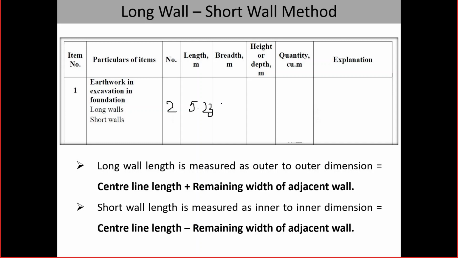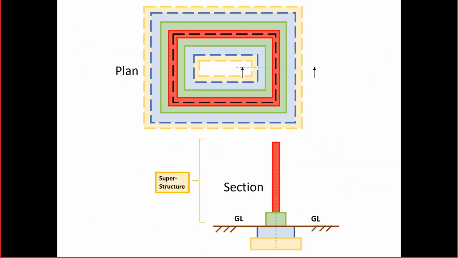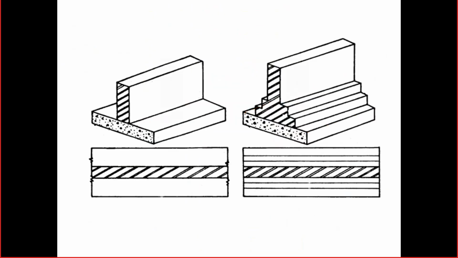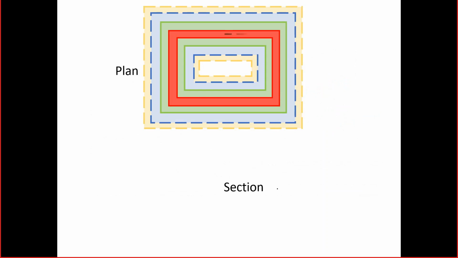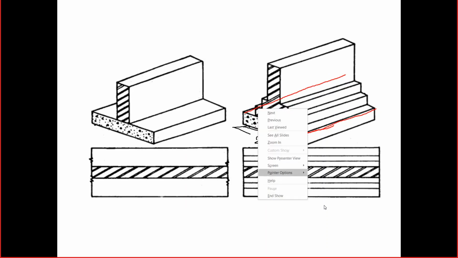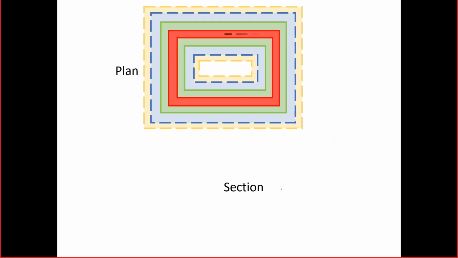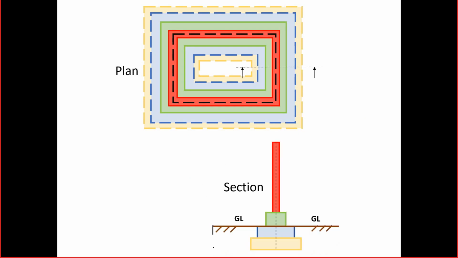Let me go back to the previous slide and show you exactly what width I'm talking about. Though the width of the wall is 230 millimeters, we do not actually excavate only for the wall thickness, is it not? We excavate to this length completely, which is, let us assume, 2 meters. And let us assume from the ground level I need to go to a depth of 2 meters.